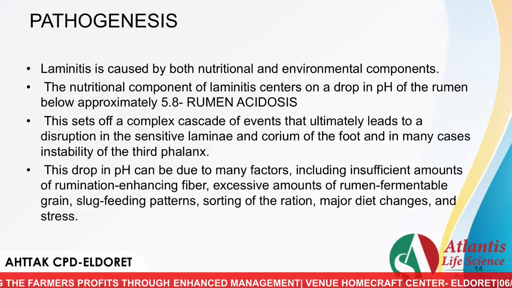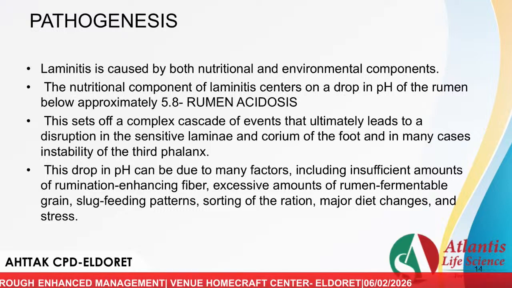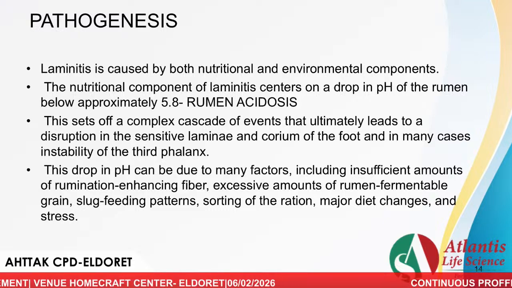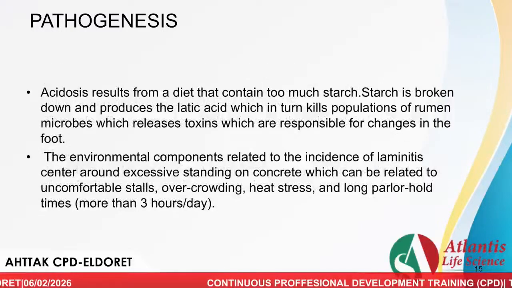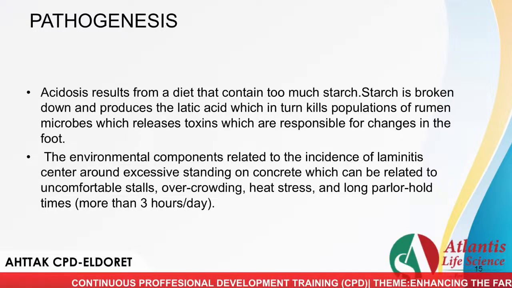So acidosis, we said, arises as a result of diets that contain too much starch, the concentrate that we are talking about. So we have the starch in the rumen, which is broken down, and this produces what we call lactic acid. So this is the slide that I think I've much talked about.